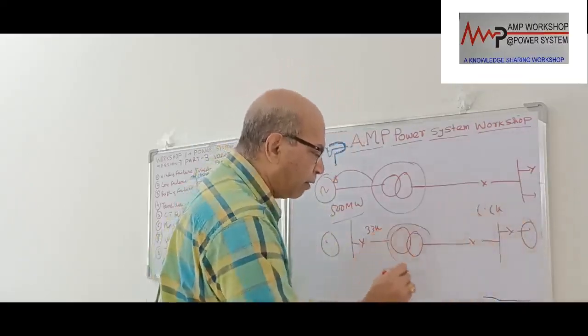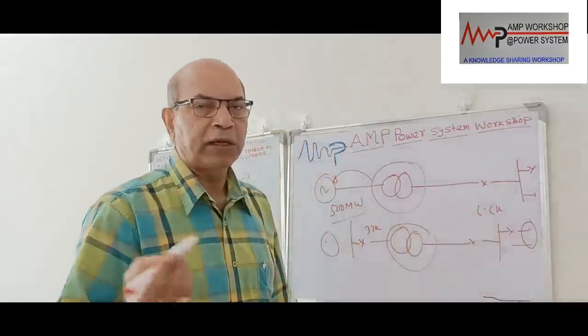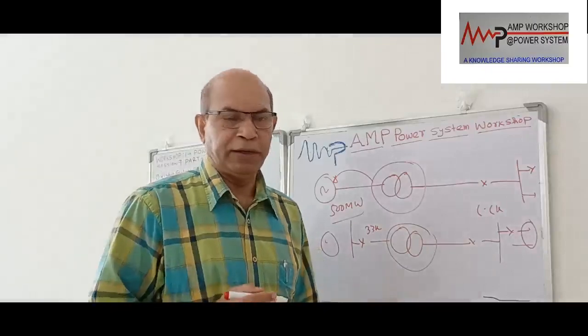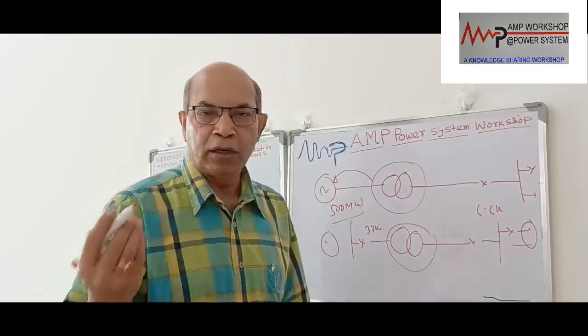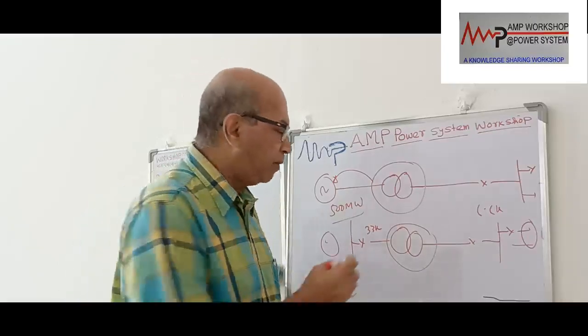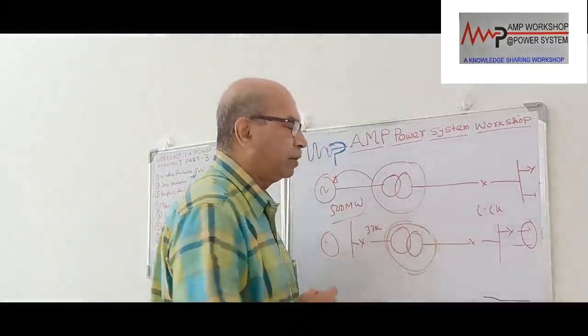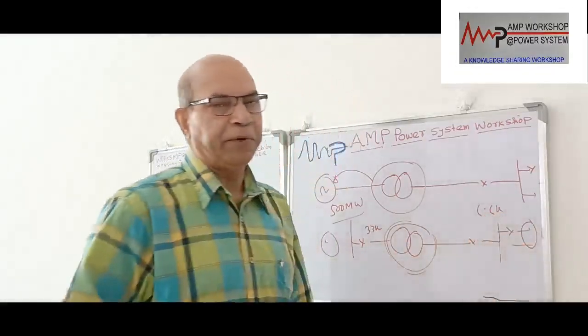Suddenly if this transformer fails, then these medium voltage consumers, mainly small and medium size operating plants, maybe a small chemical plant, a small molding plant, a small chemical processing plant, will be affected. If this primary distribution substation transformer suddenly fails, then all the consumers will be affected.